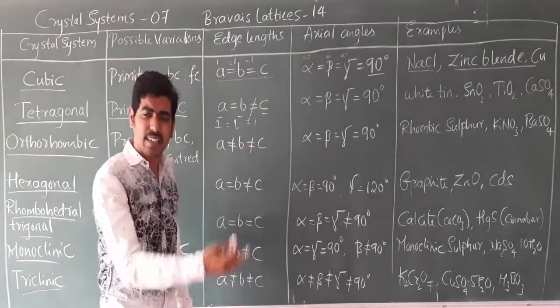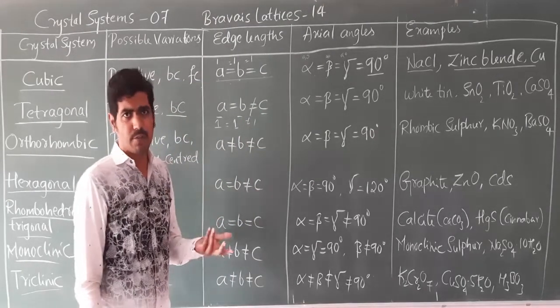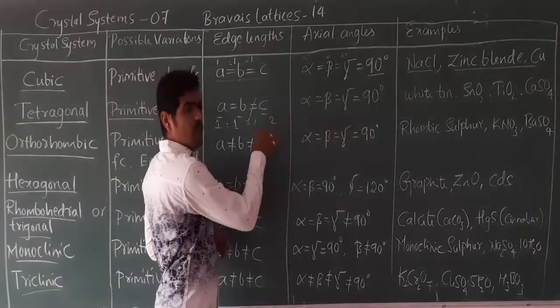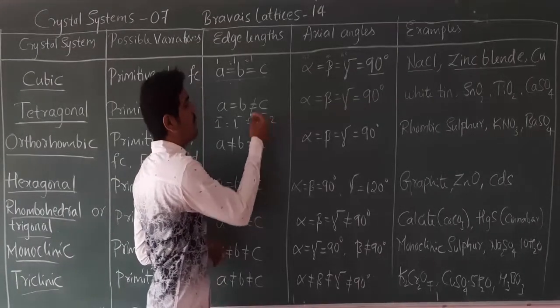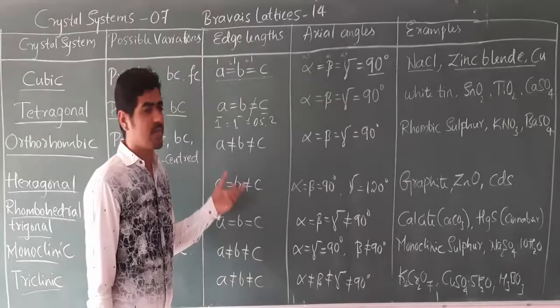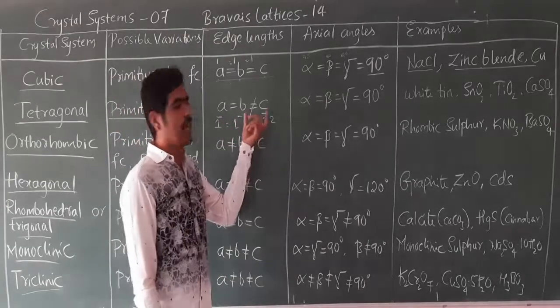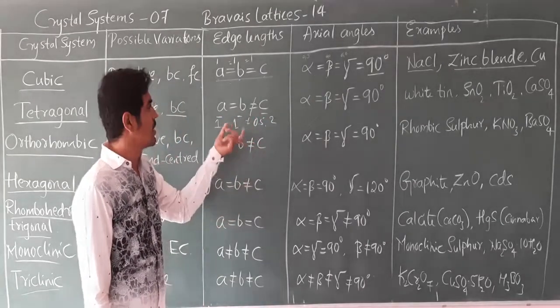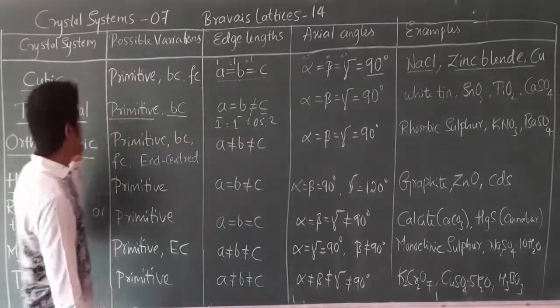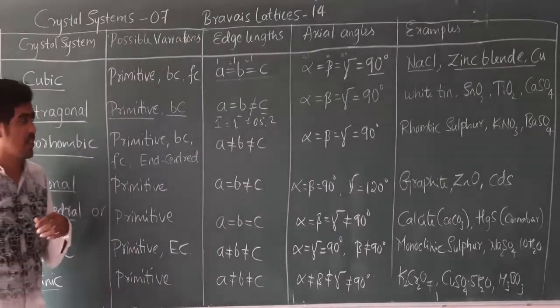Either it is greater than 1 or less than 1, say 2 or 0.5. Apart from 1, it may have any other value. So this is the edge length in the tetragonal crystal system.